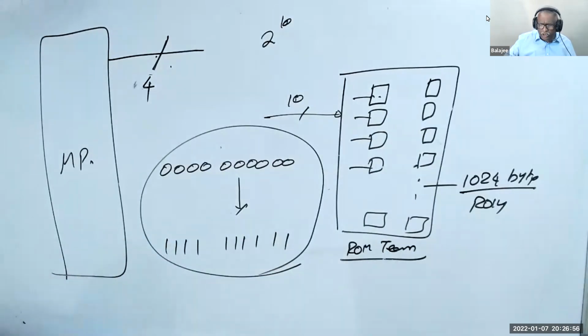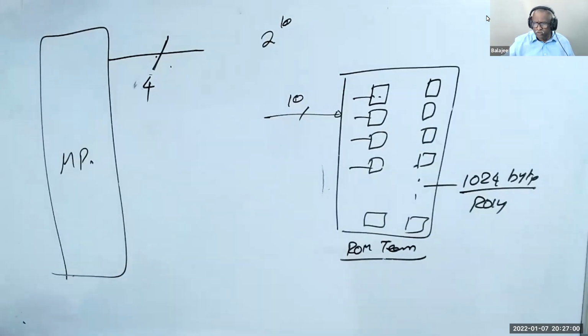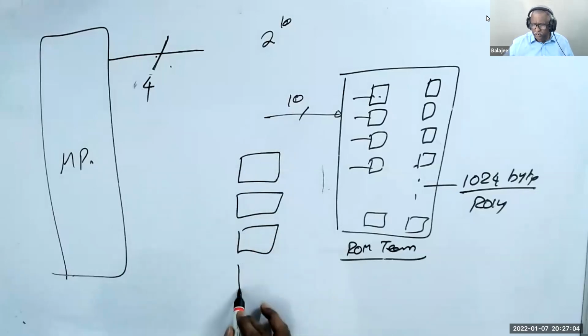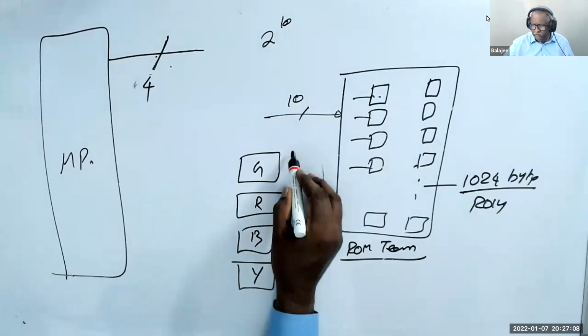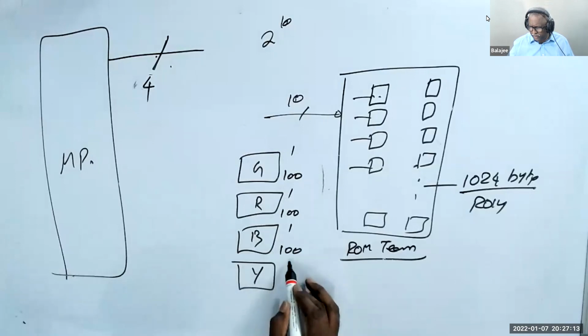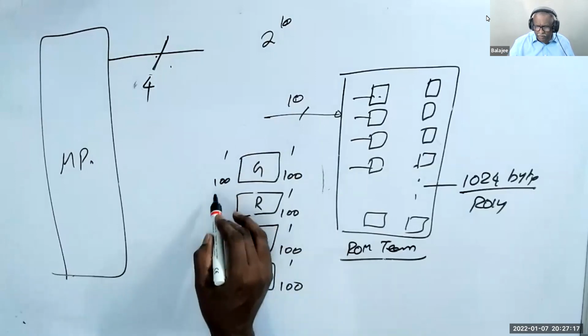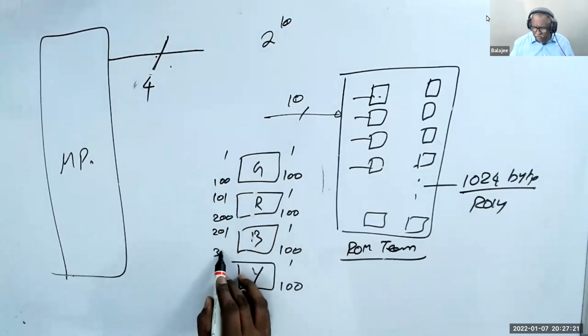So the only problem is this. When I told about the notebook, I have 4 colored notebooks: green, red, blue, or yellow. 1 to 100, 1 to 100, 1 to 100, 1 to 100. When I combine all of them, it becomes 1 to 100, then 101 to 200, 201 to 300, 301 to 400.